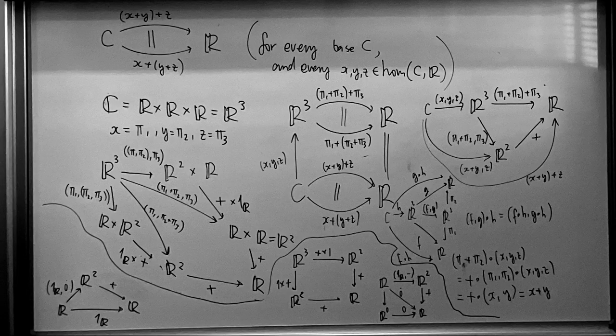So instead of going this way, you just do that. You skip that middle part, and doing that is exactly doing pi1 plus pi2 comma pi3, and pi1, pi2 comma pi2 plus pi3.